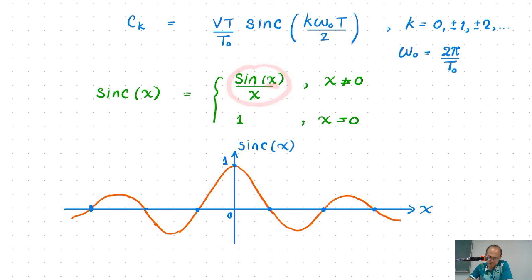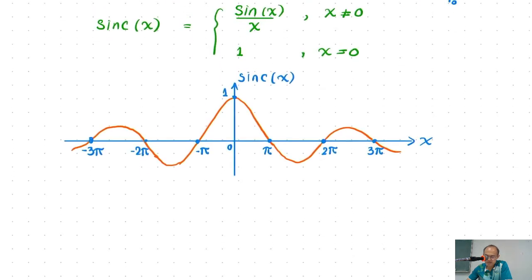So these zero crossings will occur when x is a multiple of pi. All right, so this is the graph of a sinc function.